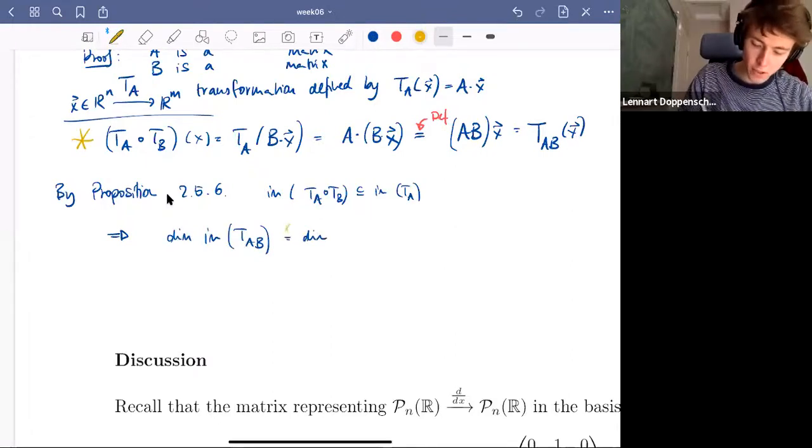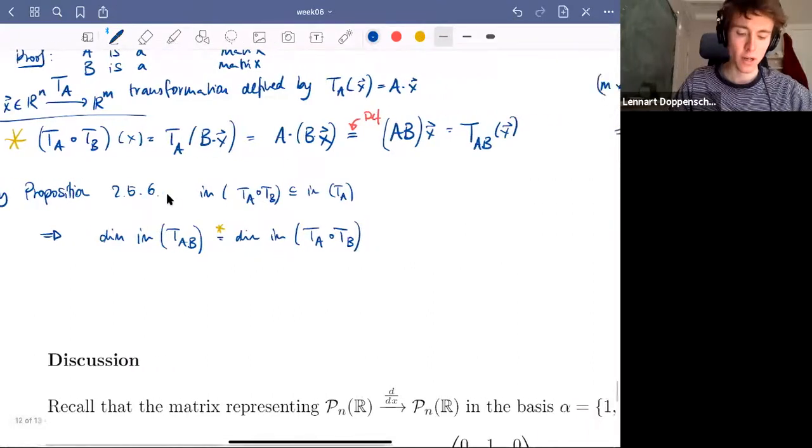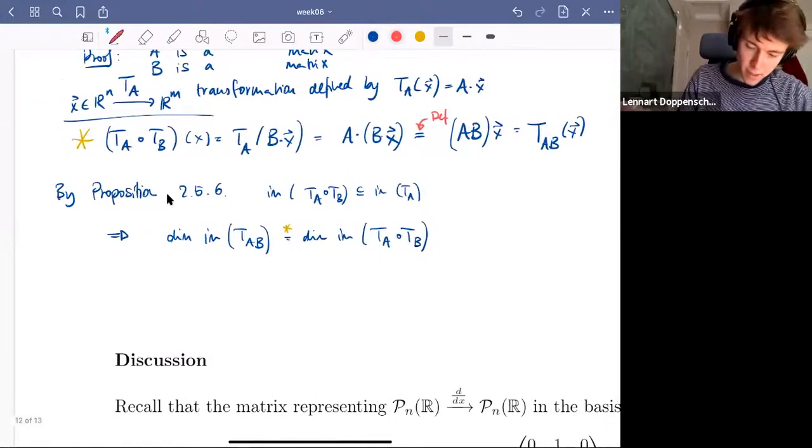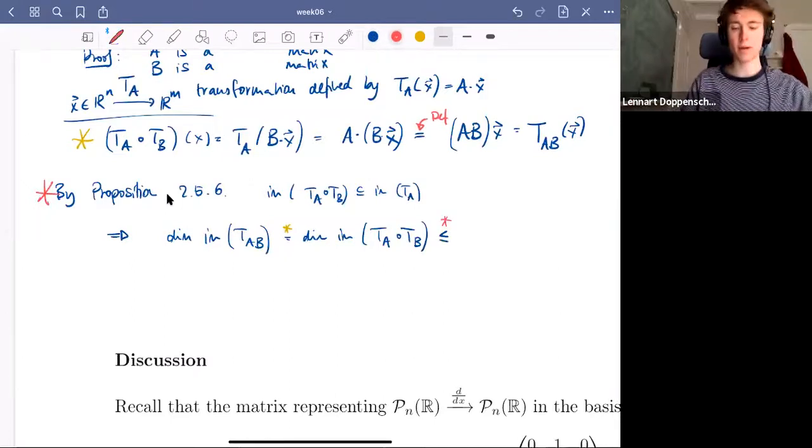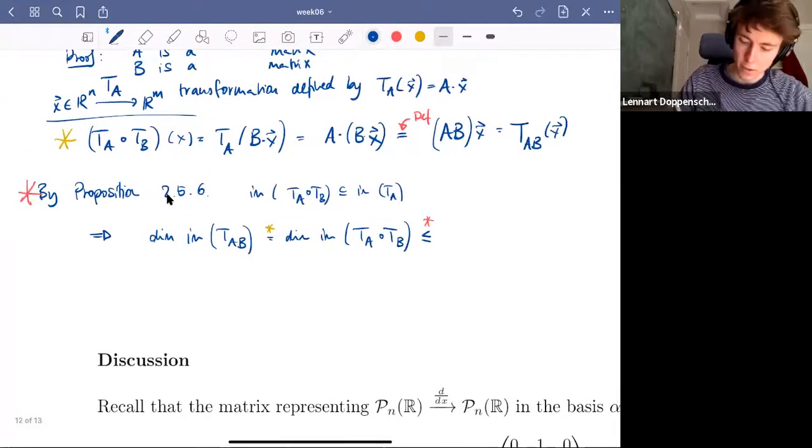So now I'm just changing T_AB to T_A composed with T_B. That's the star. And then I'm using the proposition, which I'll give a red star, and this inequality, which says that if one subspace contains another subspace, then the dimensions have to be comparable in this manner. So this is less or equal than the dimension of the image of T_A.